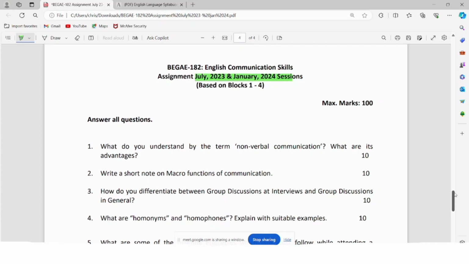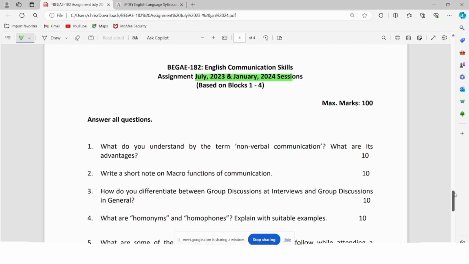Unit 3 of block 1, Section 3.3 on page number 47. But while you write, I don't want everybody to write uniform answers, so I am not telling you how to start and what to write. But make sure that you plan your answer. This is exactly what you are supposed to write.